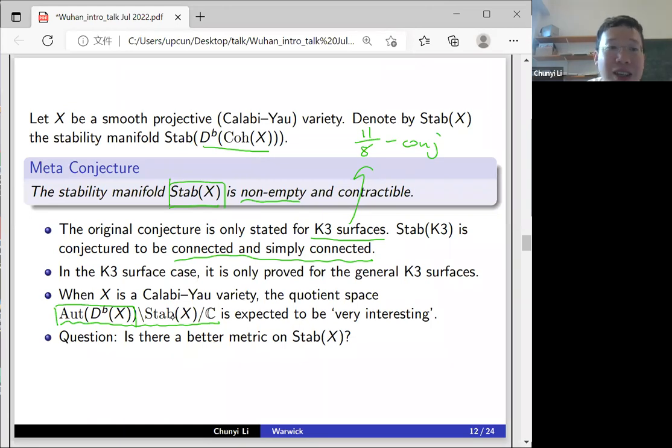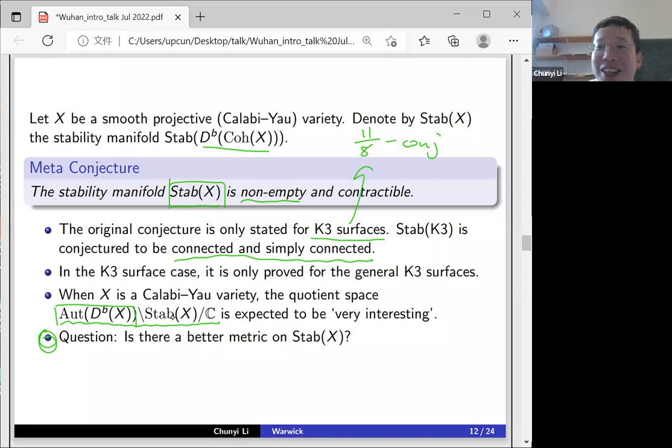And here's also another question of my own. So this is my personal hope. I hope someday a miracle can happen. We can get some very good function-like thing on the whole stability manifold, depending just on the properties of the triangulated category, so that it tells you directly that this whole space is non-empty and contractible. I mean, you hope that sometimes you can do math pretty easily.